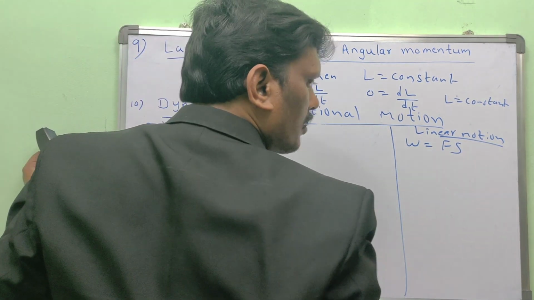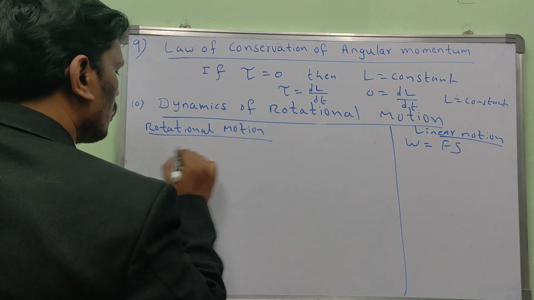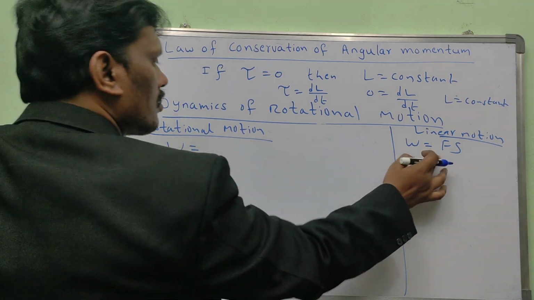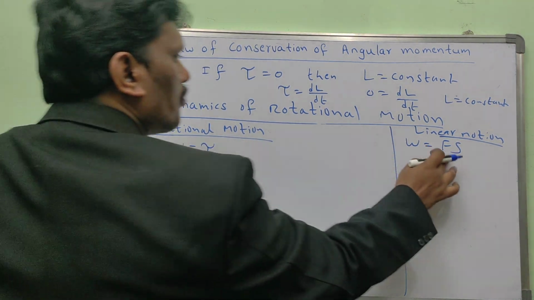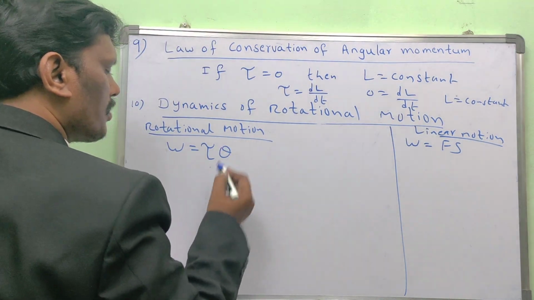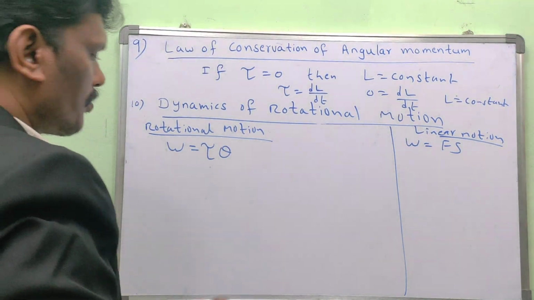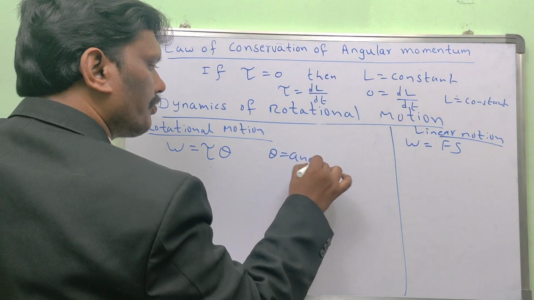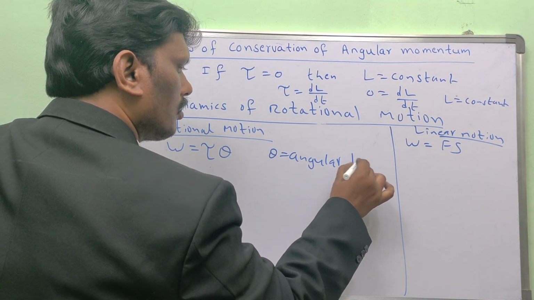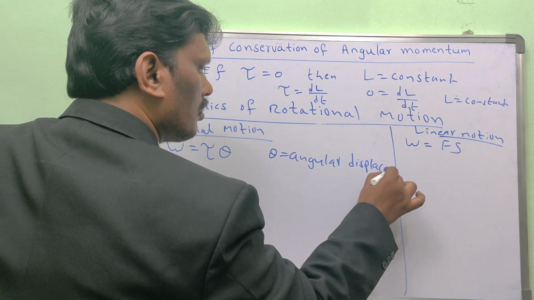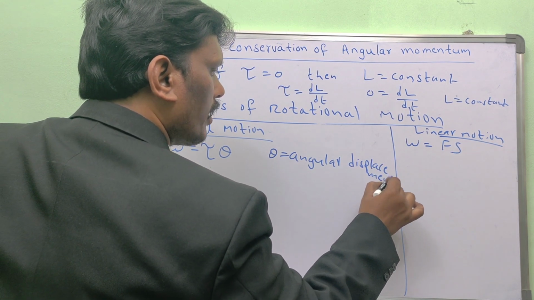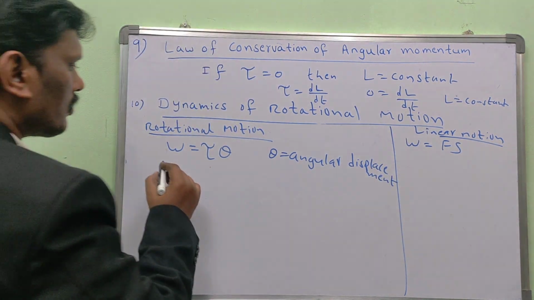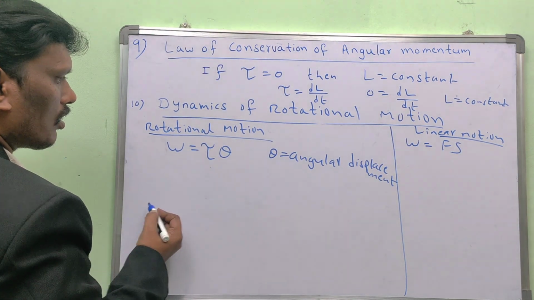In rotational motion, work done is equal to, in place of force, torque, in place of displacement, angular displacement. Theta is the angular displacement. Tau is the torque.